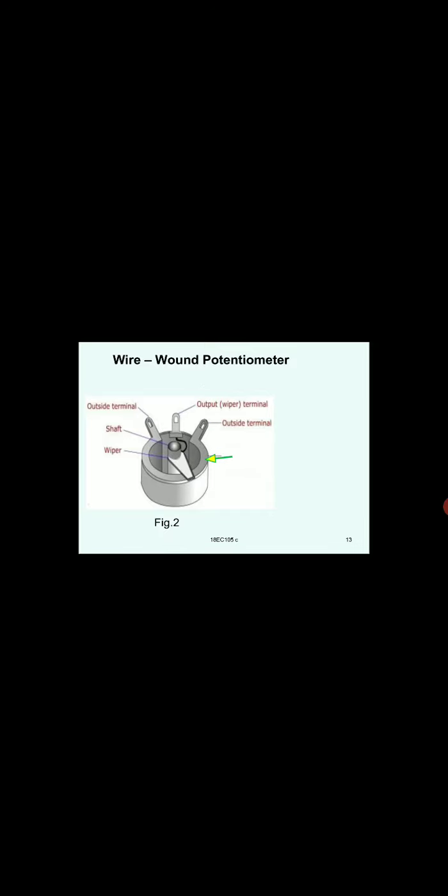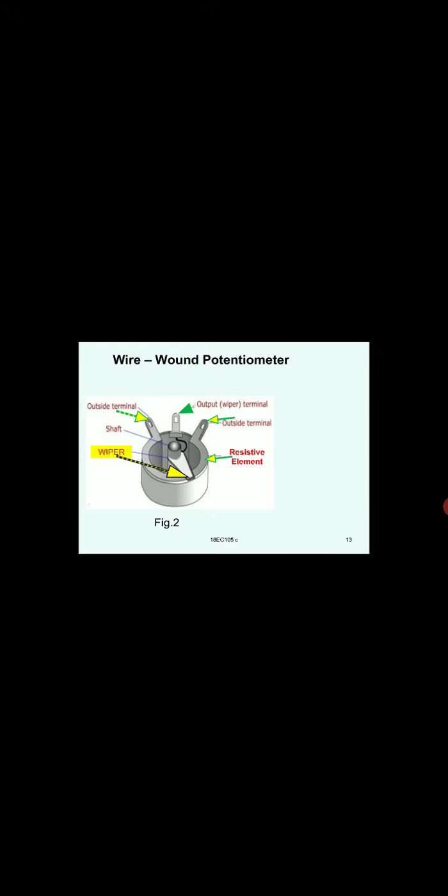So a typical wire wound potentiometer looks like this. The yellow arrow is showing you the resistive element, which is looking more like a cylindrical one, and the two arrows now are showing you the terminals at the extreme ends, first 0 and the maximum, the red dots, and the green arrow is showing you the variable point or the wiper terminal.